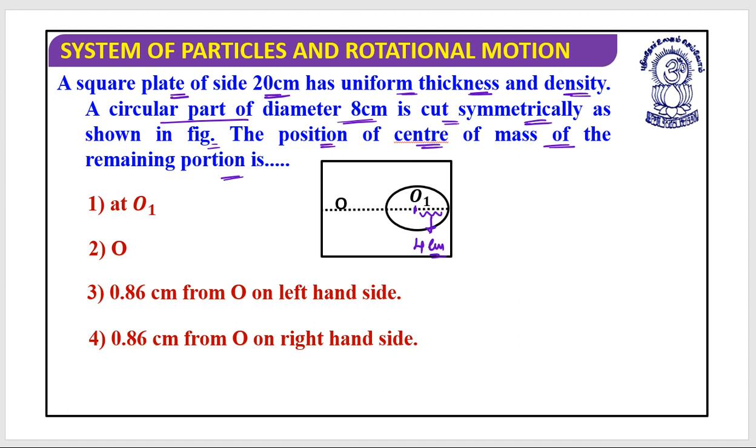So if this part has been removed, then if I look at the complete system, the center of mass has shifted in this direction. So the position of center of mass of the remaining portion, where has it shifted? It's a square plate of sides 20 centimeter.